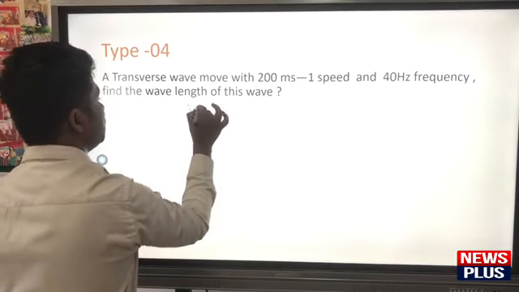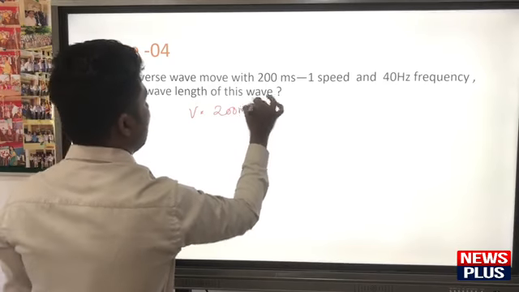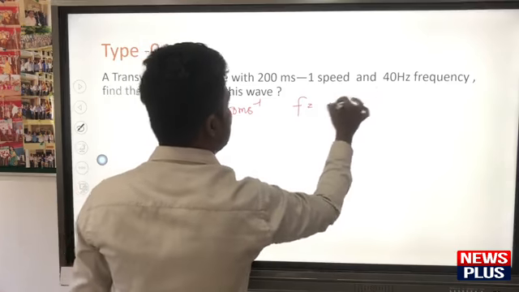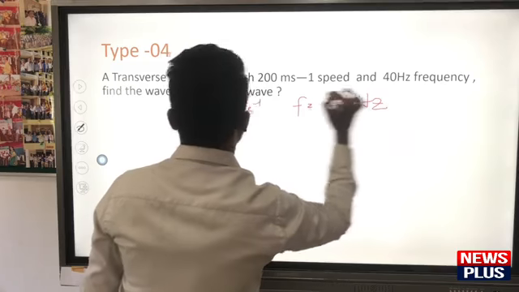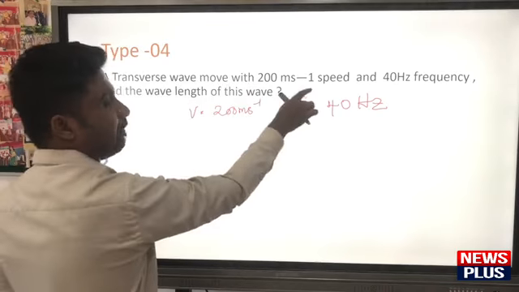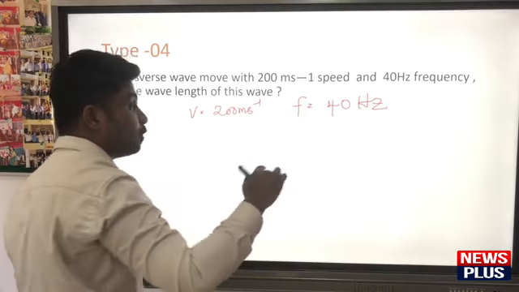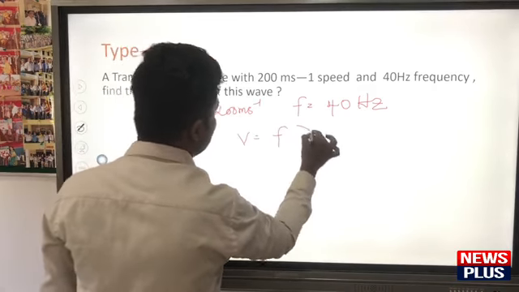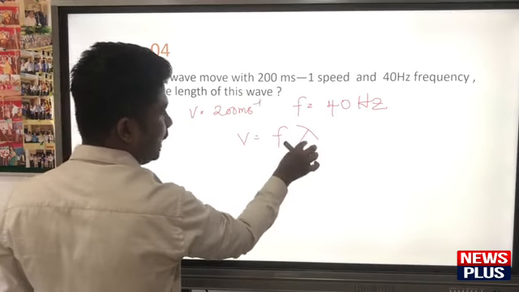V is given, that is 200 ms minus 1, and frequency is given, 40 hertz, and what is asked? Wavelength. Which equation can be used? V is equal to F lambda, and lambda is asked, that is wavelength.